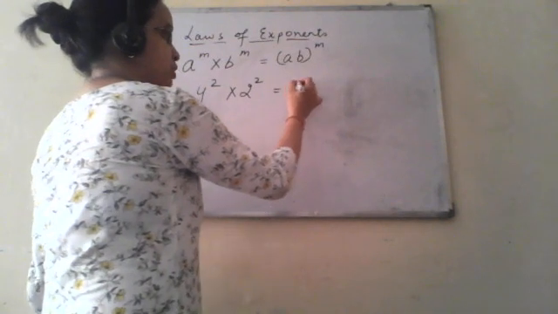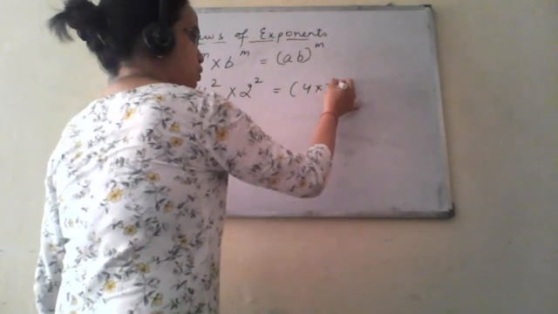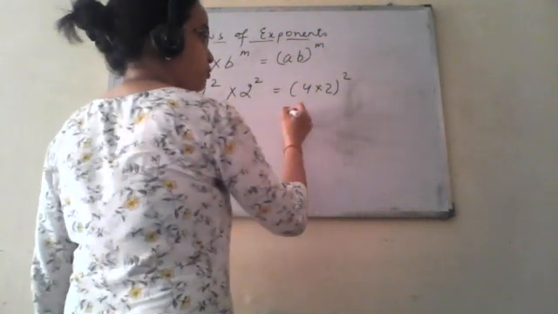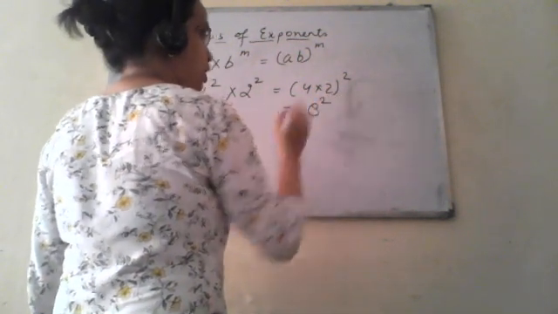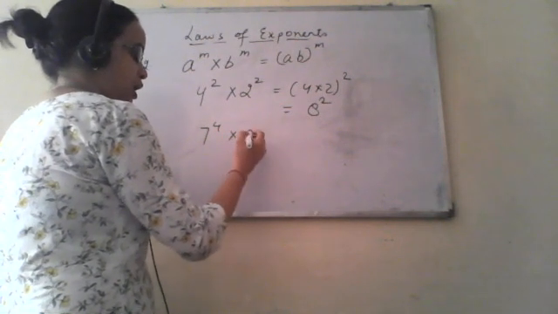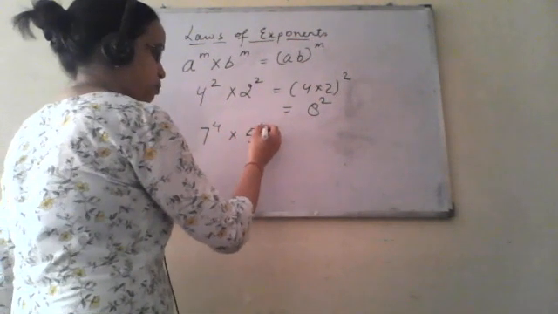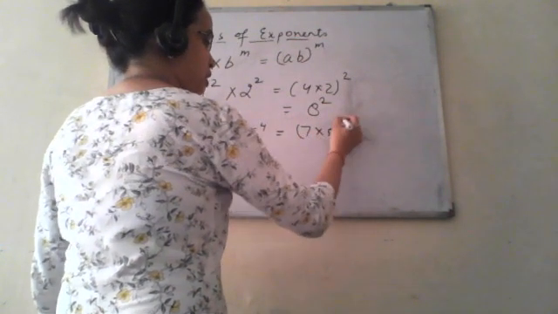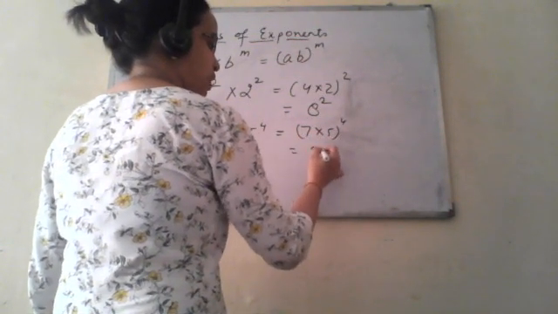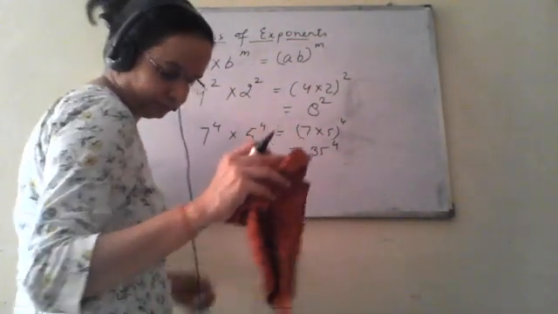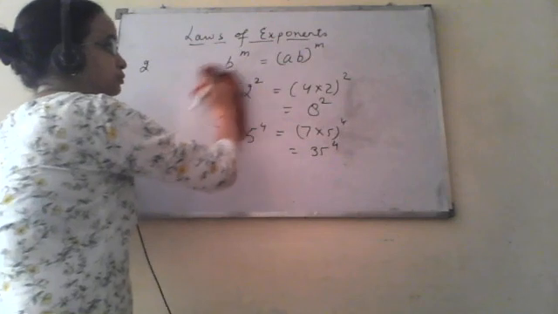It will become 4 into 2 to the power 2. Their powers have to be the same. It will be 4 into 2, which is 8, so 8 to the power 2. Suppose there is 7 to the power 4 and 5 raised to the power 4. It will be 7 into 5 to the power 4, that is 35 to the power 4. Clear?